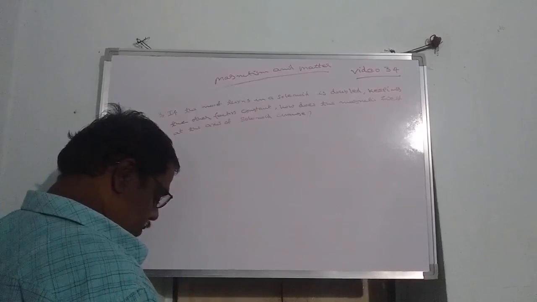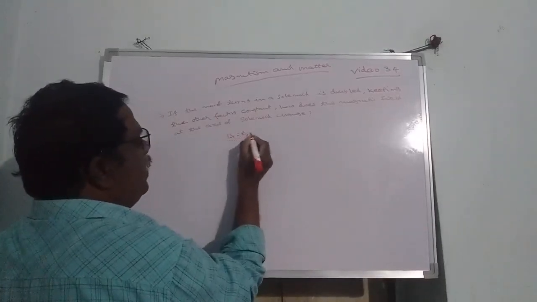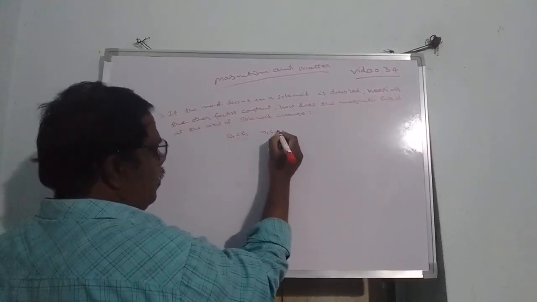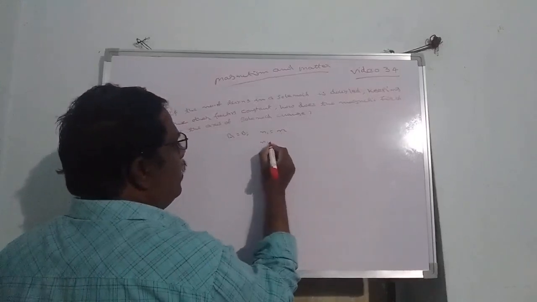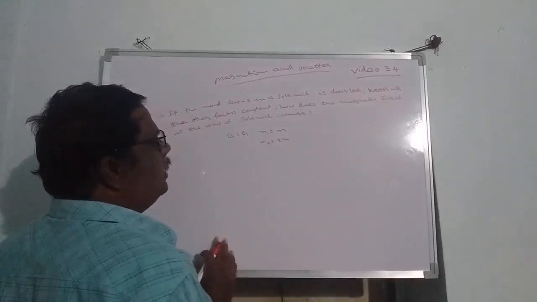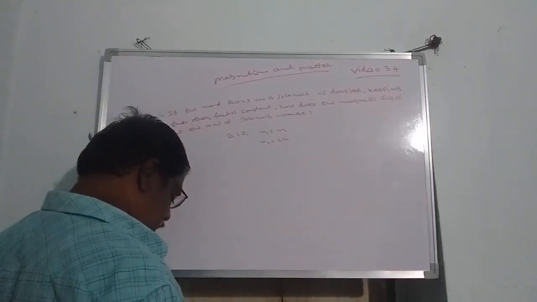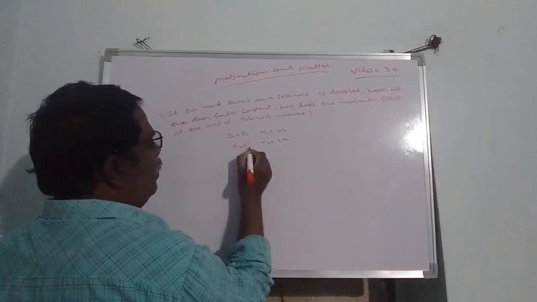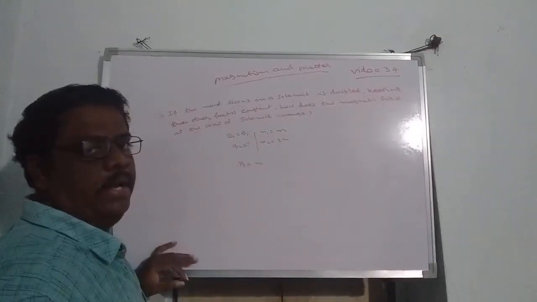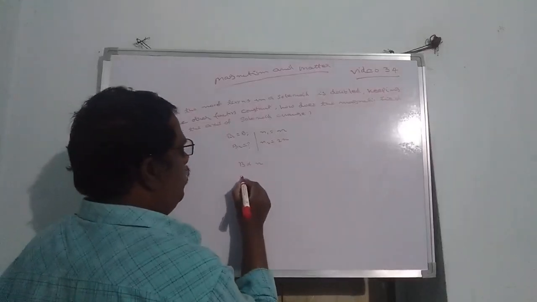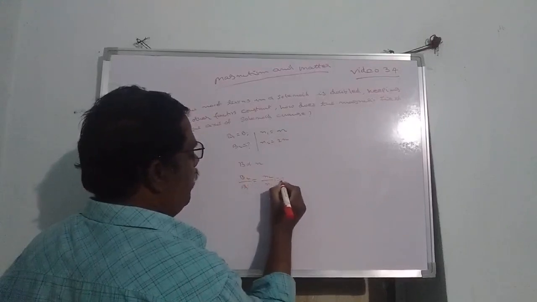So the number of turns will be doubled. Let us say B1 is equal to B, N1 is equal to N. Number of turns will be doubled, that means N2 will be 2N. Find out the B2. From the same relation, B is directly proportional to N. So B2 by B1 is equal to N2 by N1.